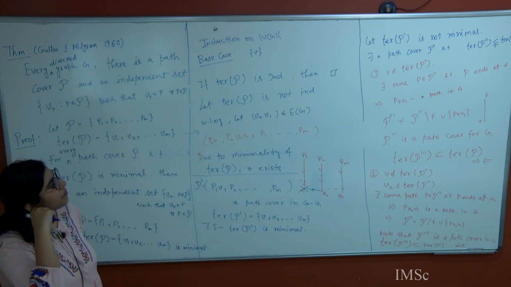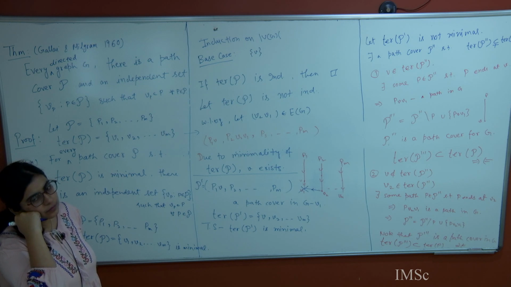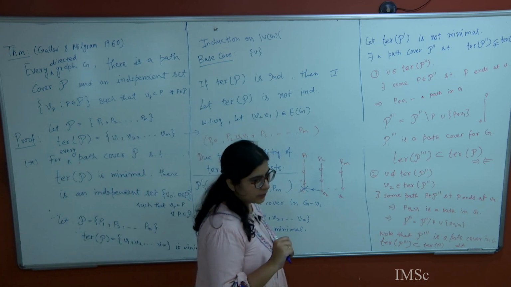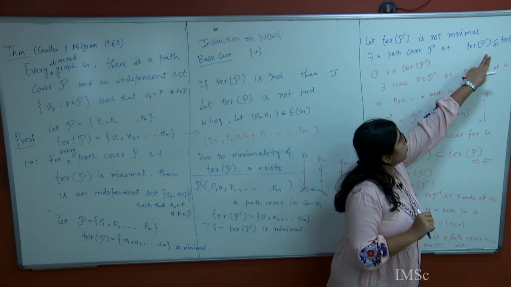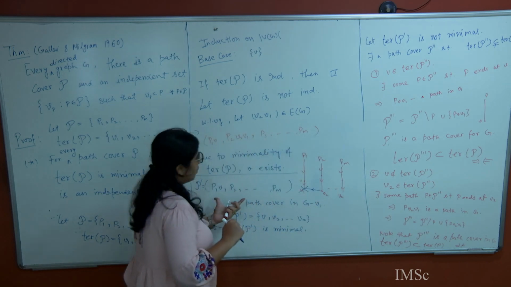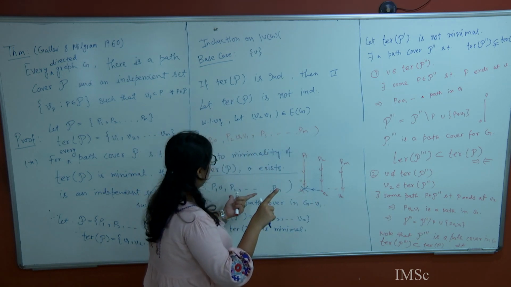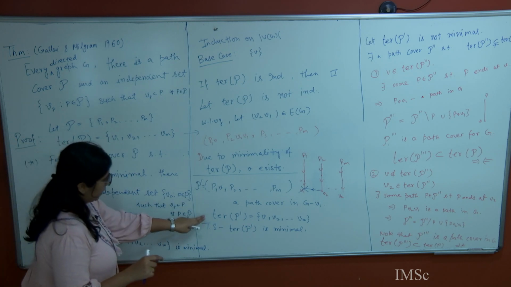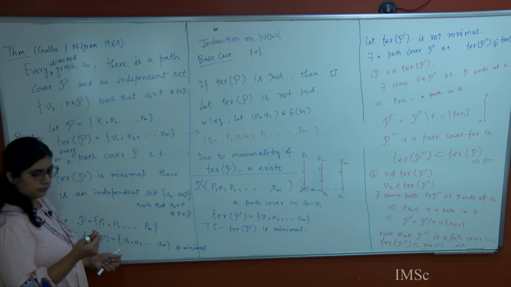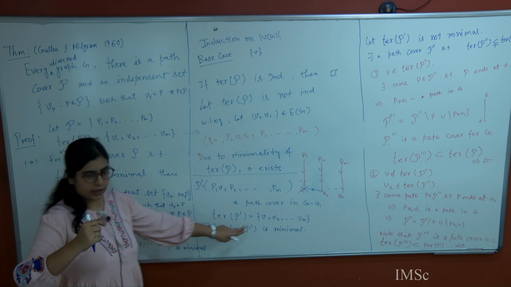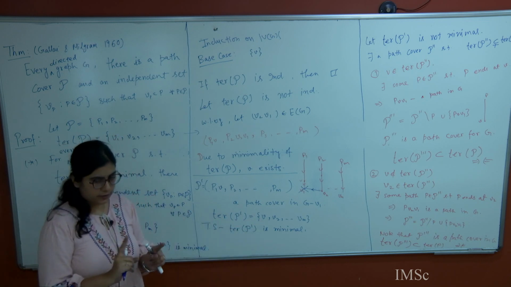It could be totally disjoint, but the terminal set of P double prime is a proper subset of the terminal set of P prime. For P prime and P, what is the difference in the terminal sets? The only difference is at one vertex. Here we have V1, here we have V.